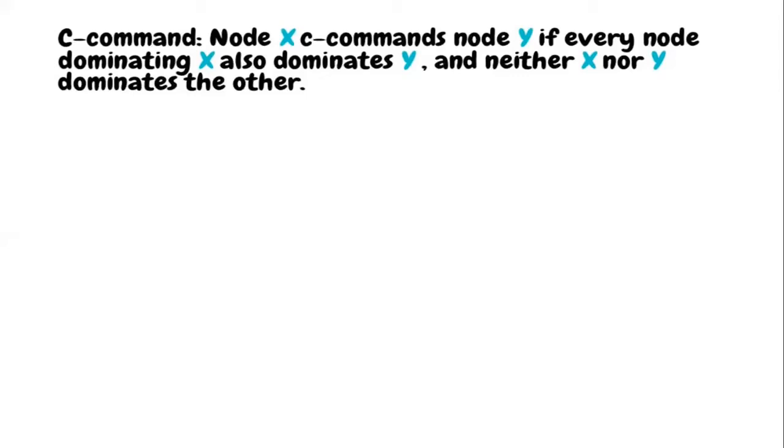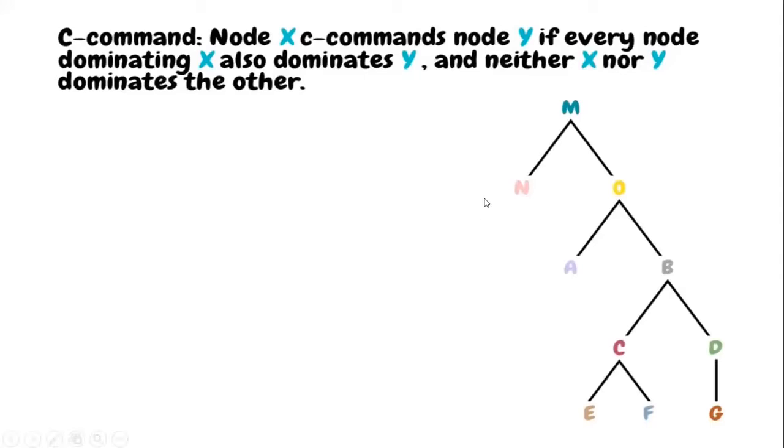Please don't think much about this because I'm going to try to make this easier to understand. C-command is a relation where you can go up once and then go down as much as you want. Let's see how this works.